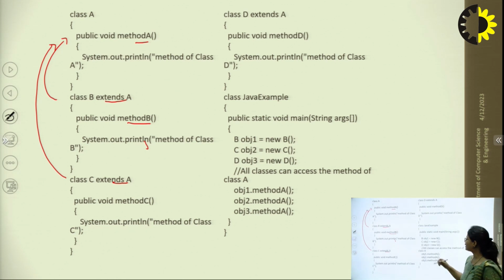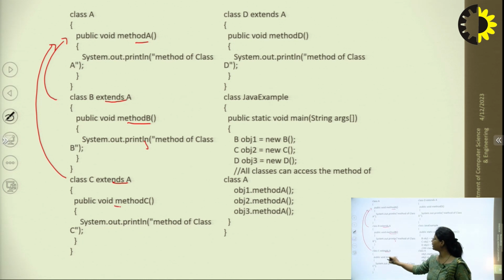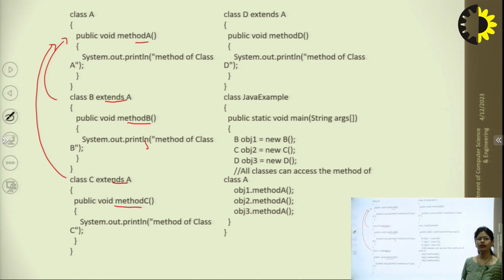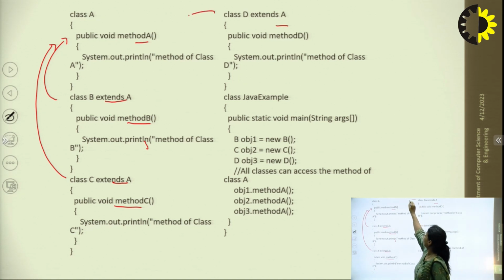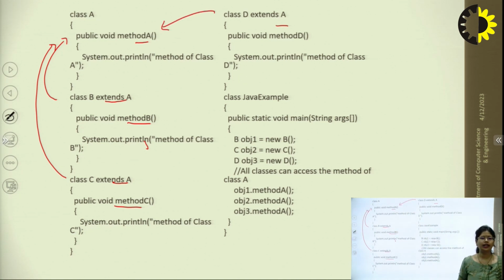In class C we have also defined method C. Now class D also extends class A. So there is a possibility that more than two classes extend the same base class.